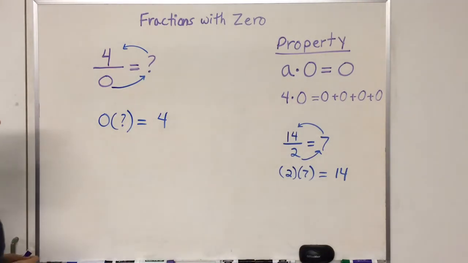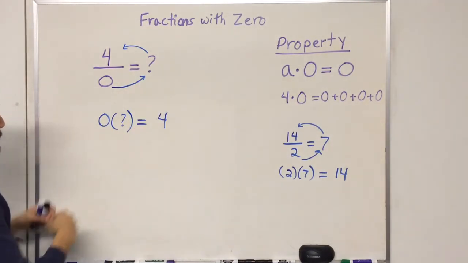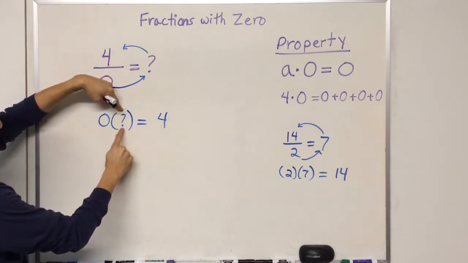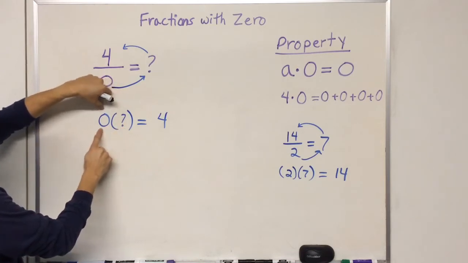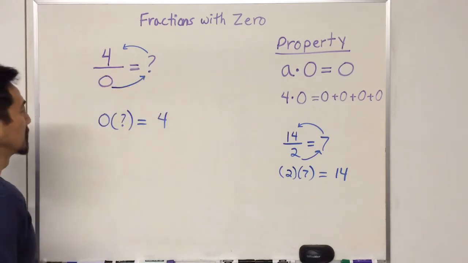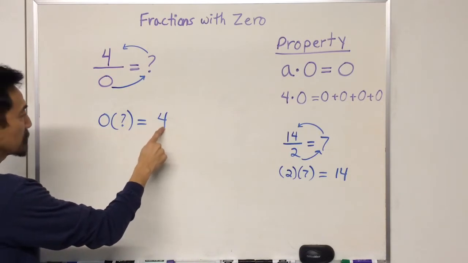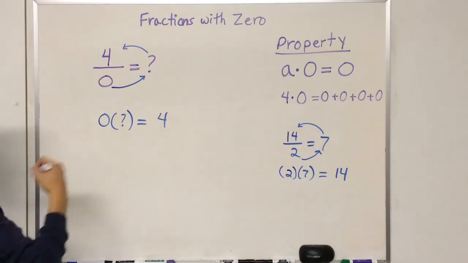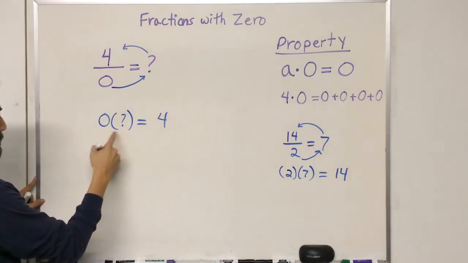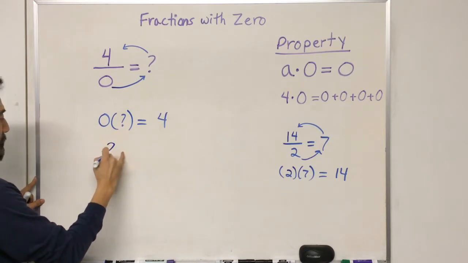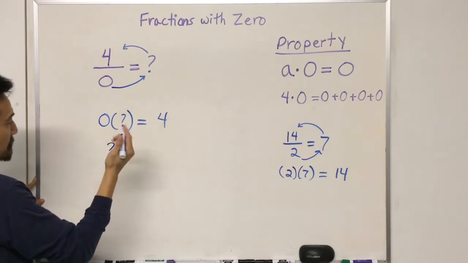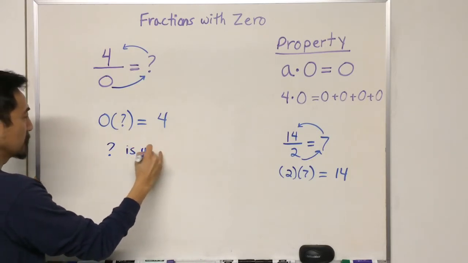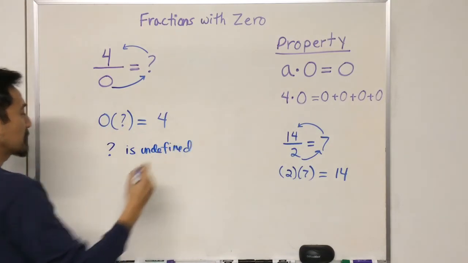Okay? But looking back at that property again, we know that if there is a real number that satisfies this, that real number, when multiplied with 0, would have to equal 0. It could not equal 4. It would contradict that property that we have there. So, there is no real number that satisfies this. Okay? So, we say that this mystery value, well, it doesn't exist. Okay? So, that mystery number is undefined.